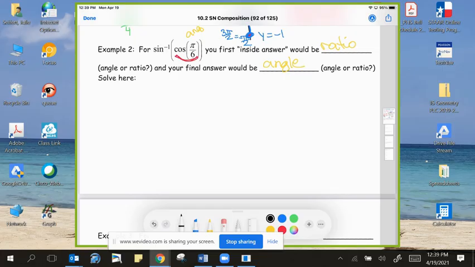So, to find cosine of pi over 6, draw the triangle. Where's pi over 6? It's quadrant 1. Yes. Pi over 6 is quadrant 1.